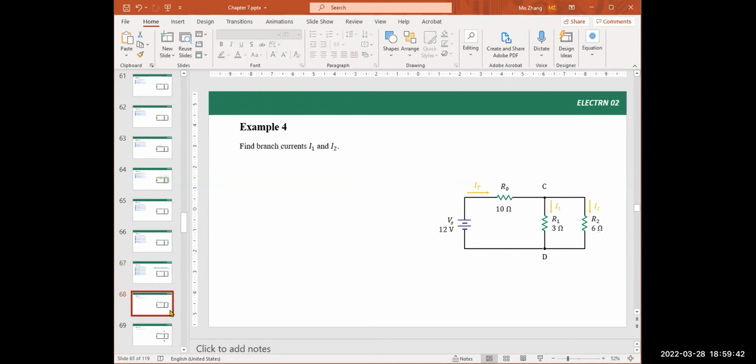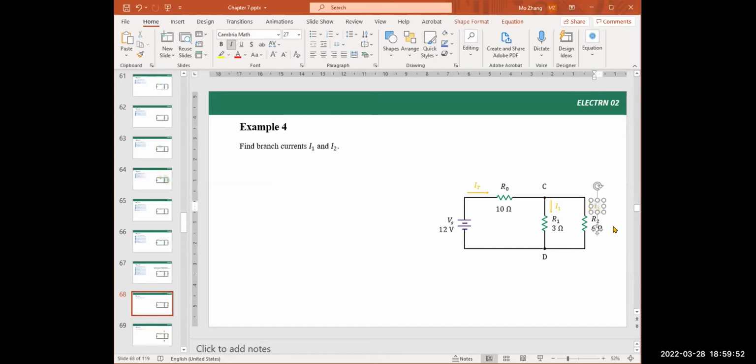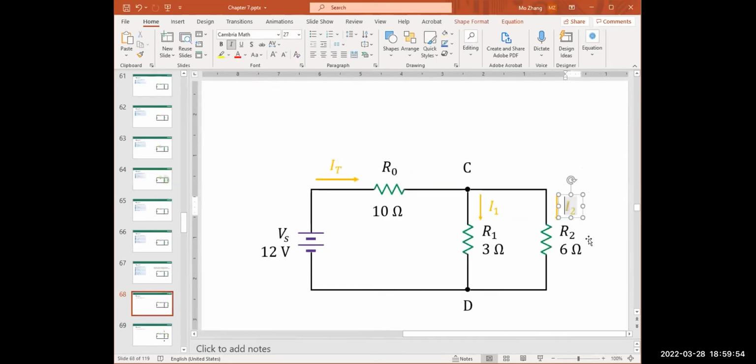So let's look at here. Now, example 4, we need to find the branch currents, which are I1 and I2. These two currents, using yellow arrows to indicate current, are called branch currents.